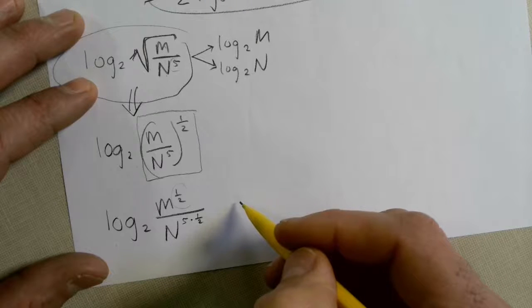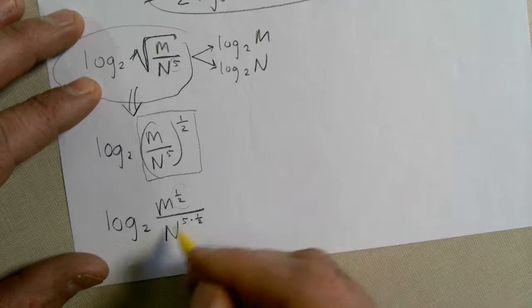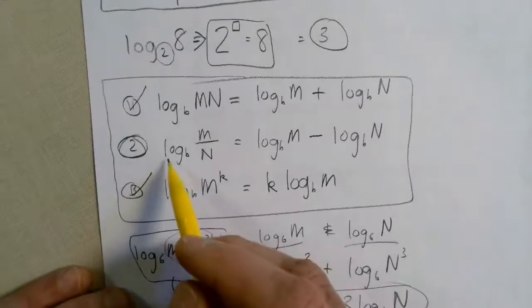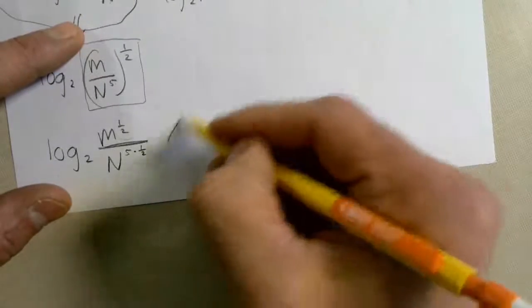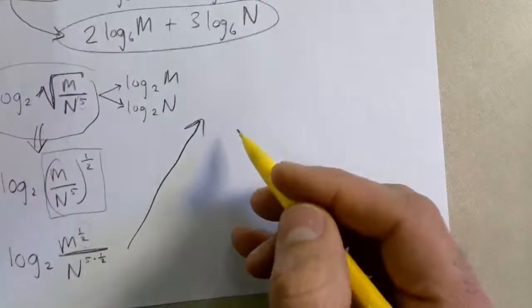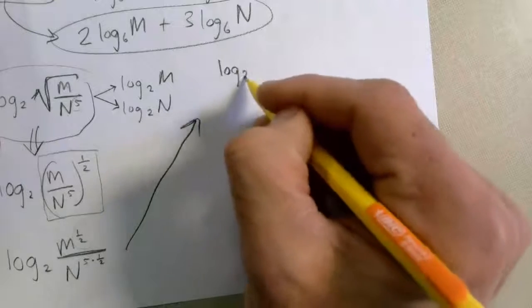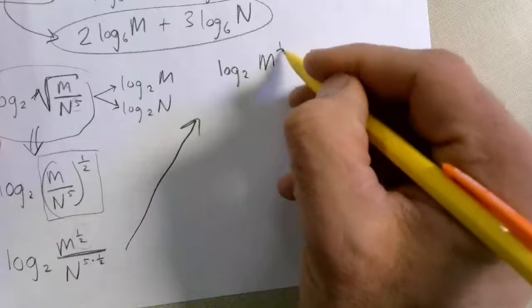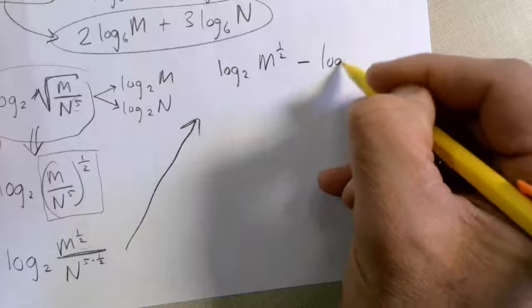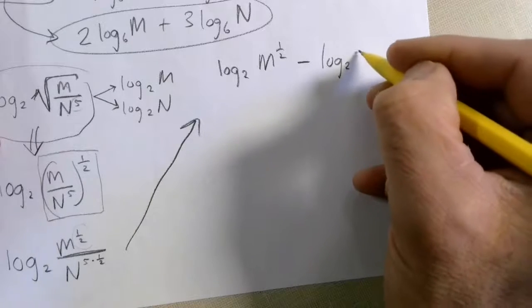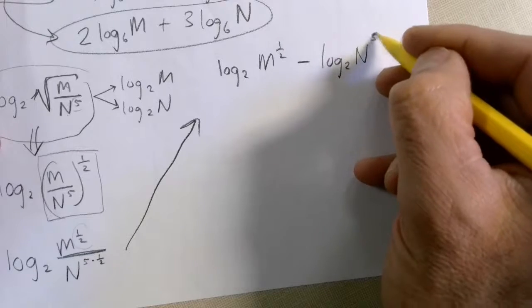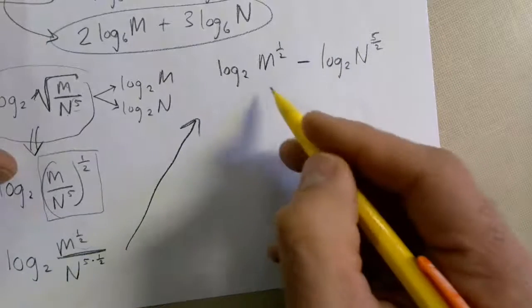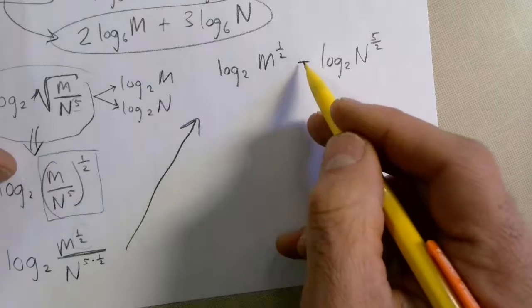The division changes to a minus. So let's change it to a minus. I'm going to do this guy up here. So log base 2 of m to the 1/2 minus log base 2 of n to the 5 times 1/2. I'm just going to go ahead and call it 5/2. So we changed the division to a subtraction.